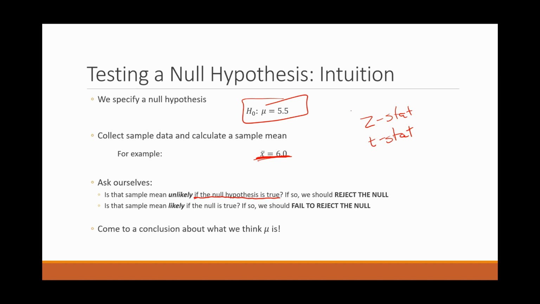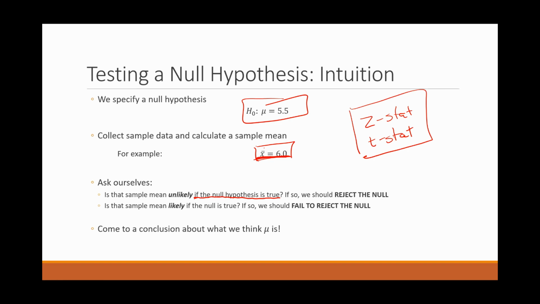Remember when we were talking in the last lecture about z-stats and t-stats? We use these to determine whether or not the value of our sample mean is likely or not likely.